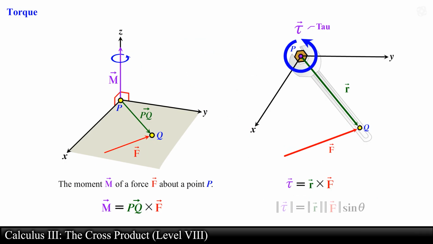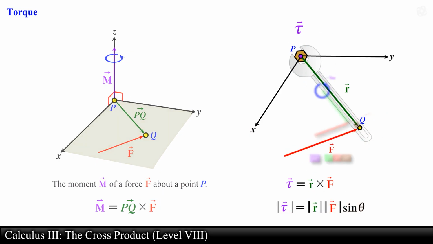The magnitude of the torque vector can be found by using the geometric definition of the cross product. In this case, the magnitude of the torque about the origin will be equal to the magnitude of the position vector r times the magnitude of the force F times sine of the angle between the position and force vector.